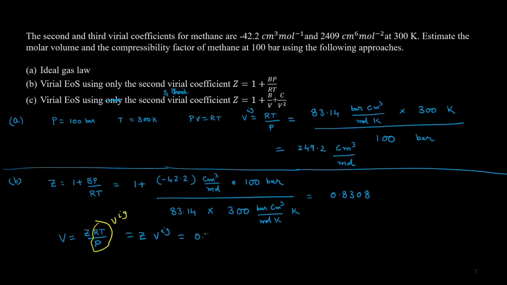So that will be 83% of what we have calculated as the ideal gas volume, and that number turns out to be 207.2 cm³ per mole. So our molar volume actually is lower by using the non-ideal equation of state. In this case, we have used a virial equation of state with the second virial coefficient.